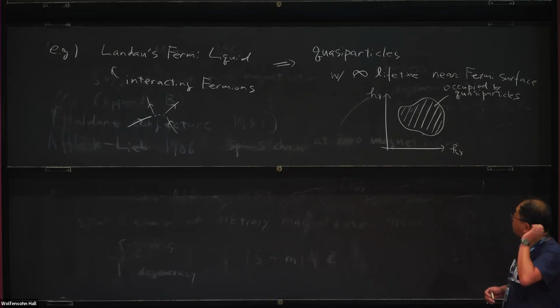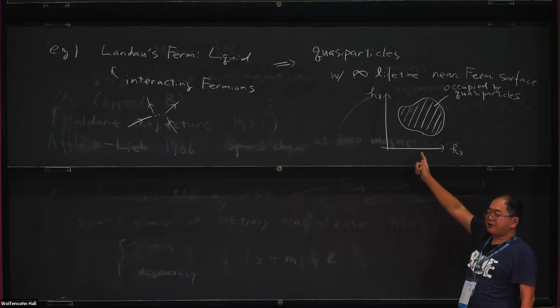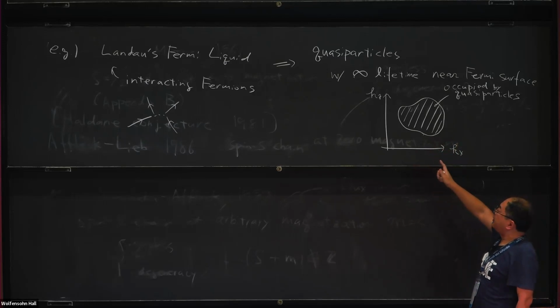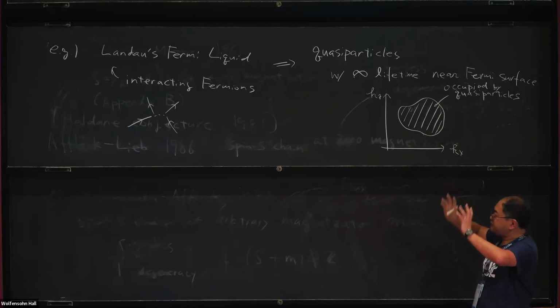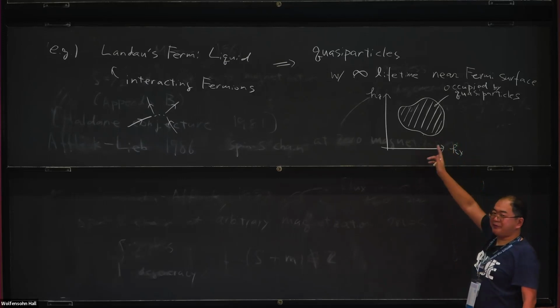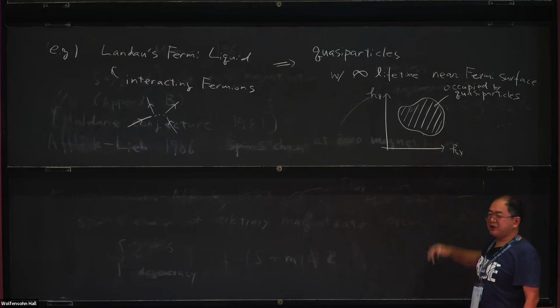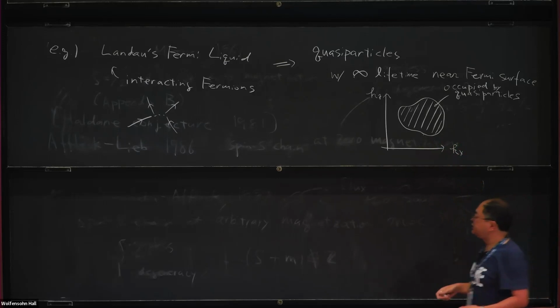But then there's still a Fermi sea for quasi-particles, and the shape is generally modified. But you can ask if the volume of the Fermi sea for the Fermi liquid can be modified by interaction.